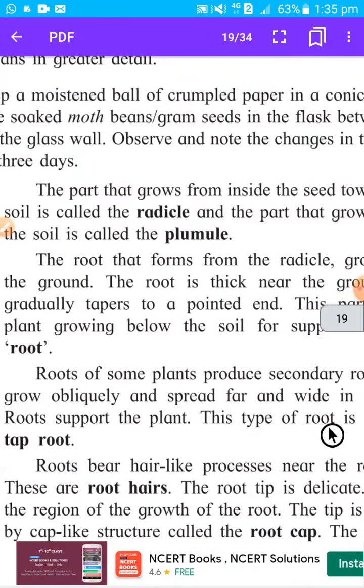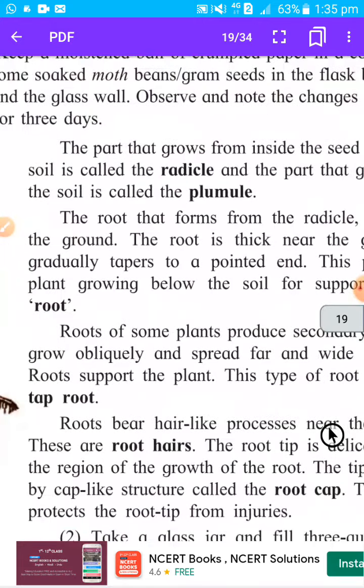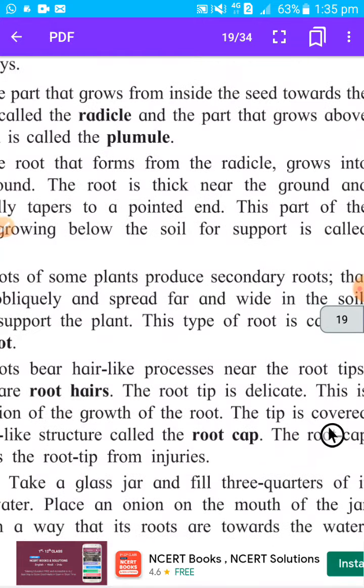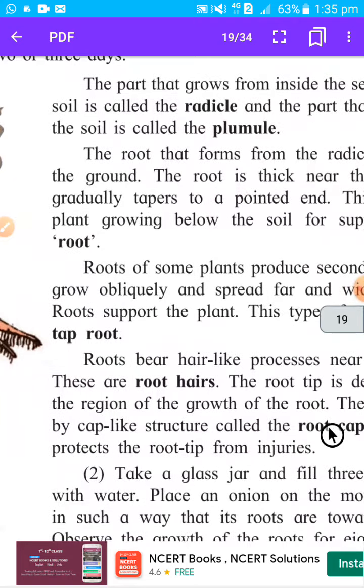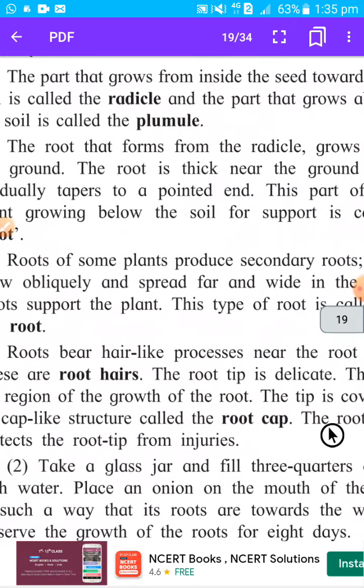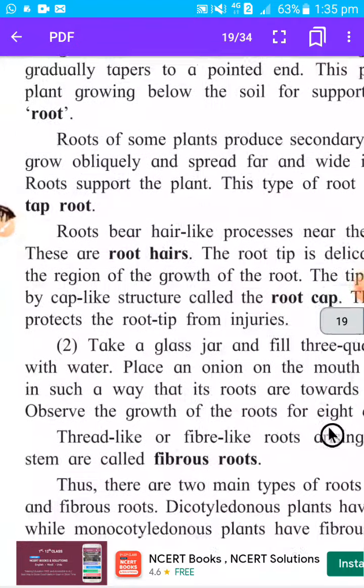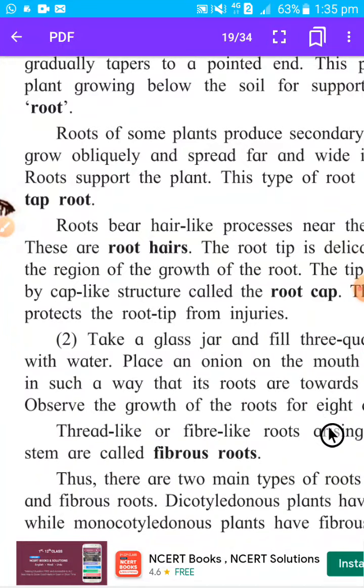The root is thick near the ground and gradually tapers to the pointed end. This part of the plant growing below the soil for support is called roots. As I have told, root gives support to the plant.